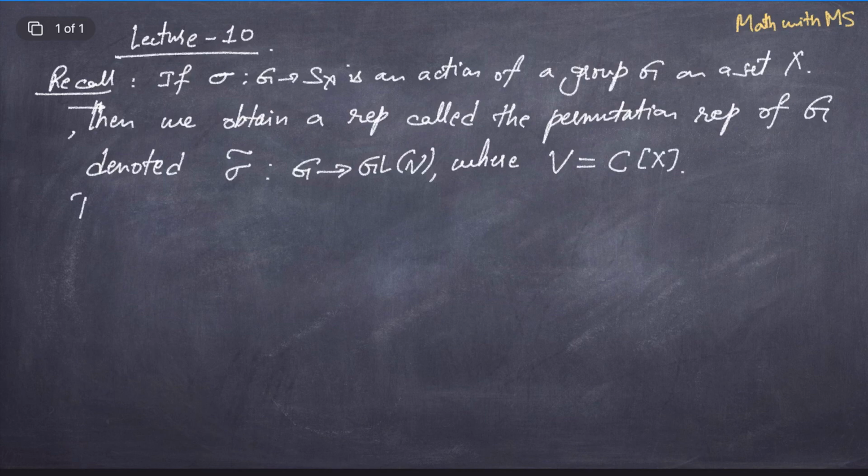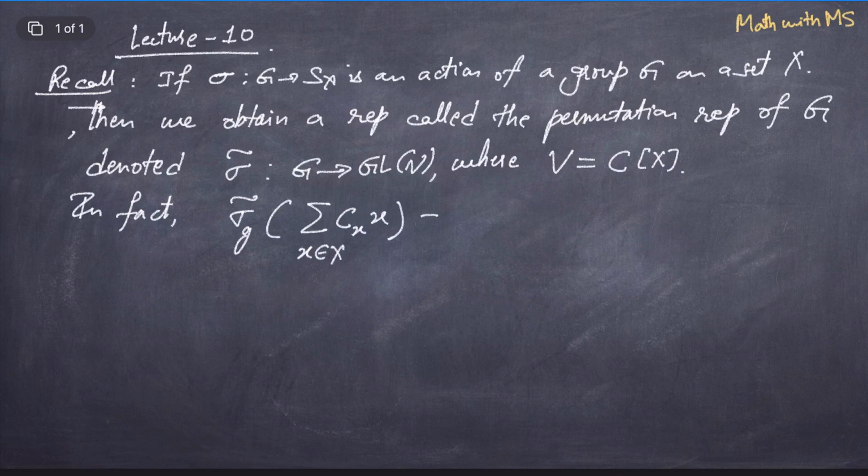In fact, to recall for you, sigma tilde takes a group element, and how does it act on a vector in V? Take an arbitrary vector that looks like summation c_x x, x in X, and the action is just summation c_x sigma_g of x, x in X, the usual way.